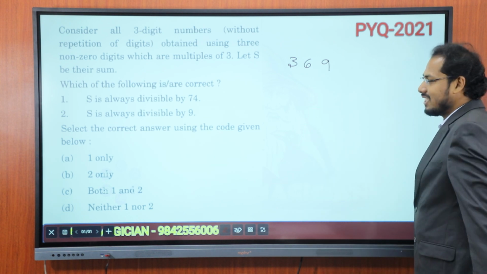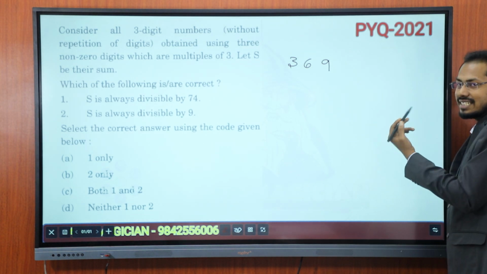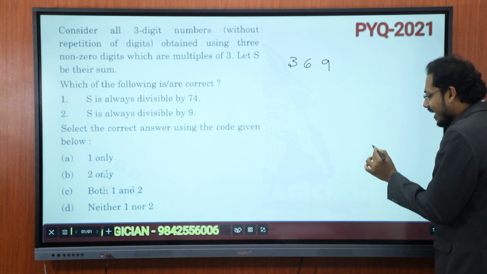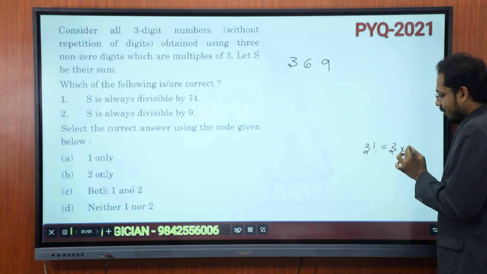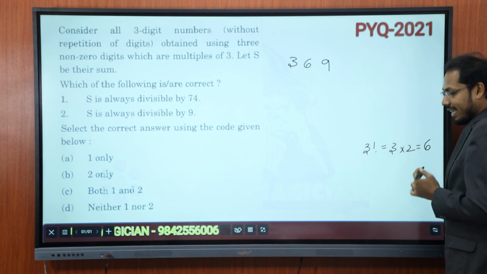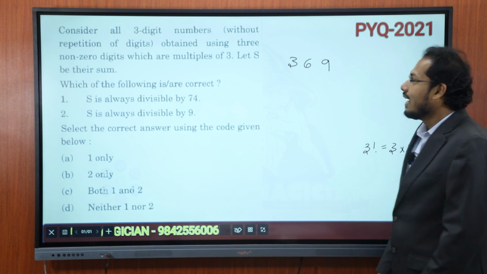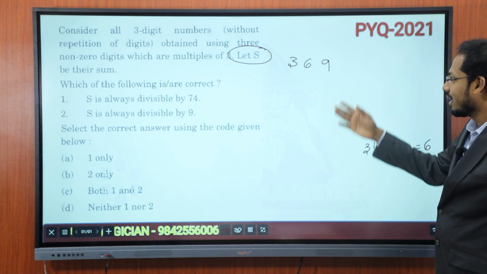I need to swap. Generally, for 3 numbers in permutation, how many 3-digit numbers can be formed using 3, 6, 9? If I ask a question like this, I will use 3 factorial. So 3 factorial is 3 into 2 into 1, that is 6. I get 6 combinations, but here I need to write those 6 combinations because at last they say I need to find out the S value, that is the sum of the numbers.